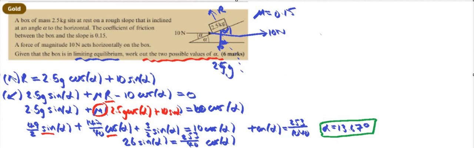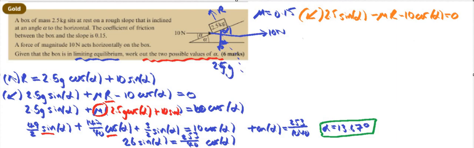So again, R is not going to change. And this time for our second one, we're going to go down the plane again. So again, we've got 2.5g sine of alpha. This time we're going to subtract mu R, minus 10 cos of alpha, and that's equal to 0.